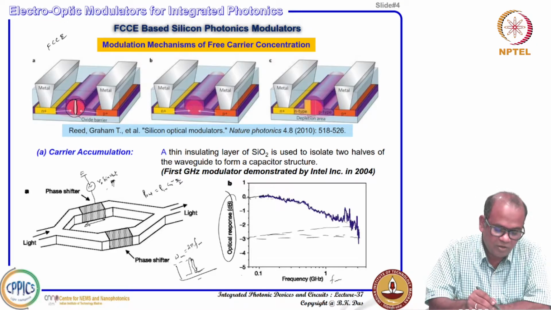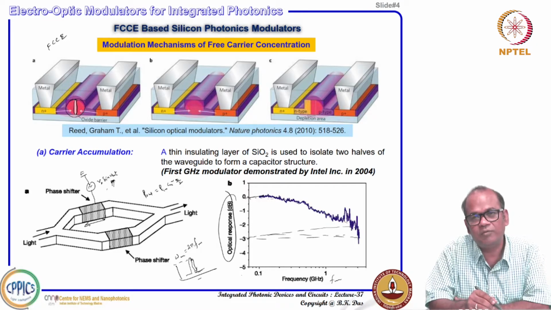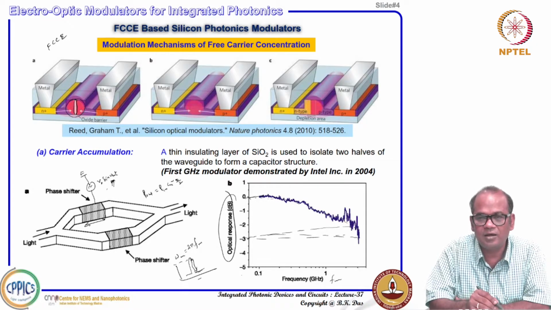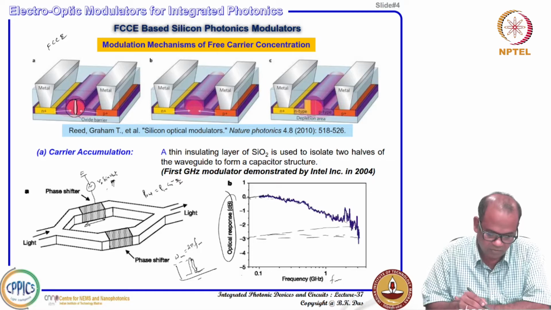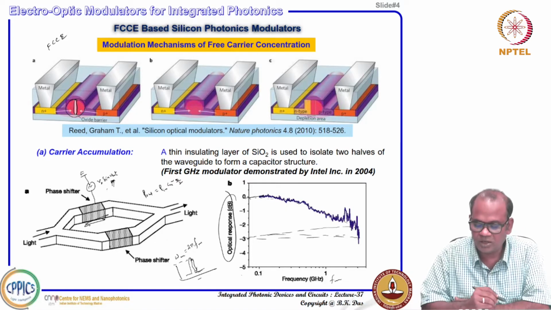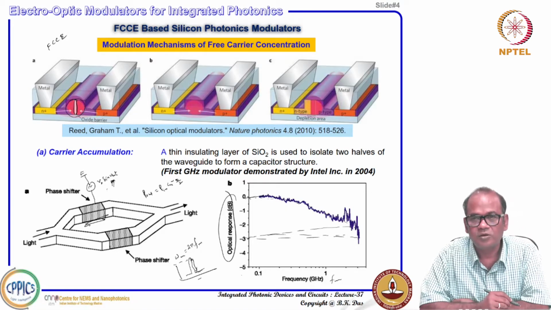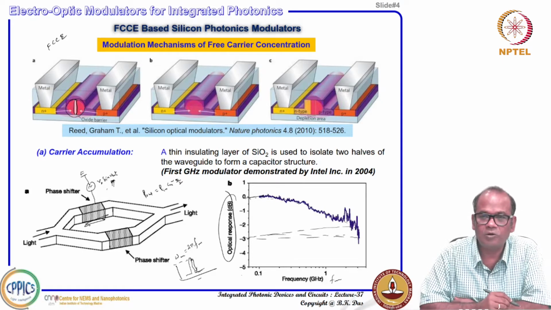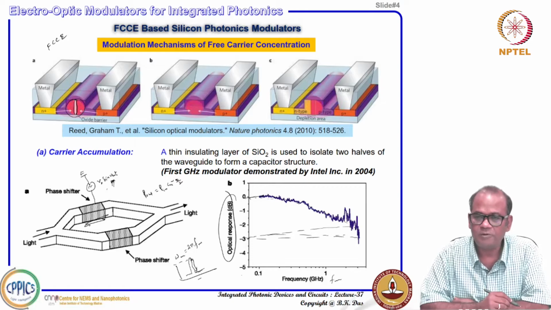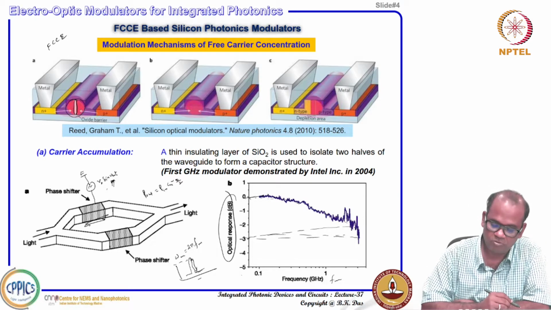That's why the overlap of the carrier concentration with the mode is very little, and you need a millimeter length of waveguide for the required phase shift. That is the drawback. But nevertheless, it showed a path that if you can control the carrier effectively, then you can go for a very high speed modulator.